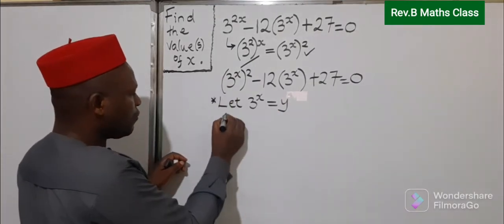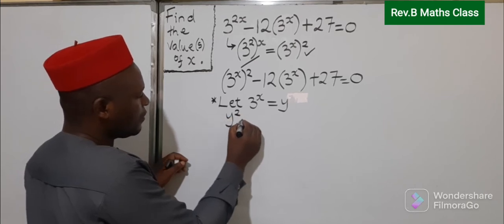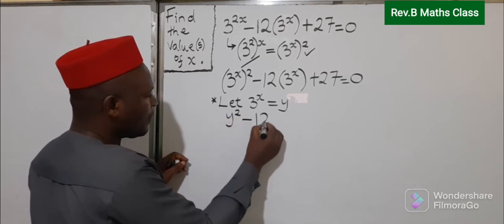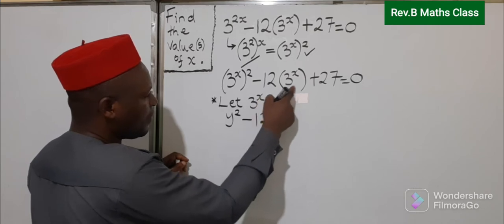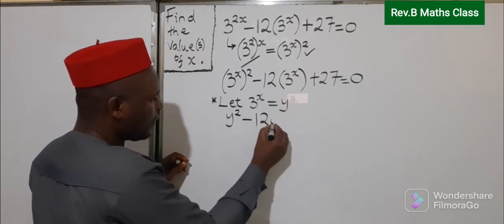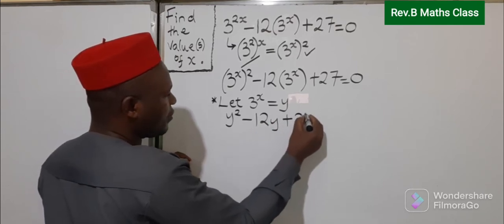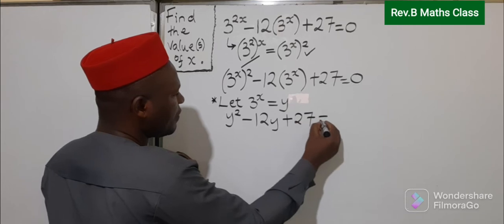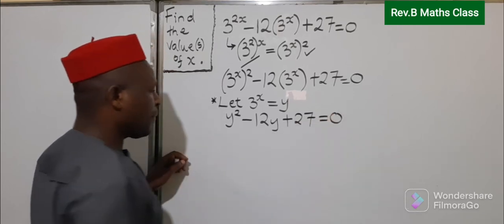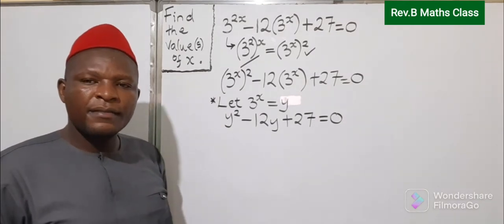So here it will be y power 2 minus 12. I have a 3 power x there, I substitute, I put y, plus 27 equals to 0. At this point, we have a quadratic equation.